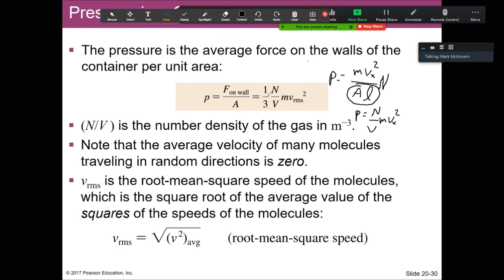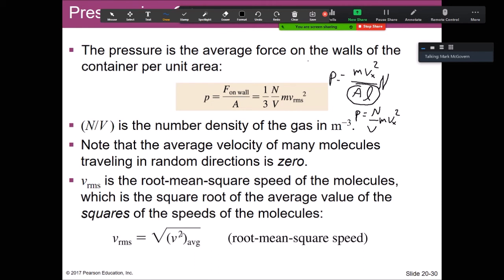So we throw a factor of 1/3 in here, and then we change this speed not just to x, y, or z, but this can be the overall speed, which is what we actually refer to as the RMS speed. And because there are velocities here, if you're going to combine a bunch of velocities together, you're adding up a bunch of squares.